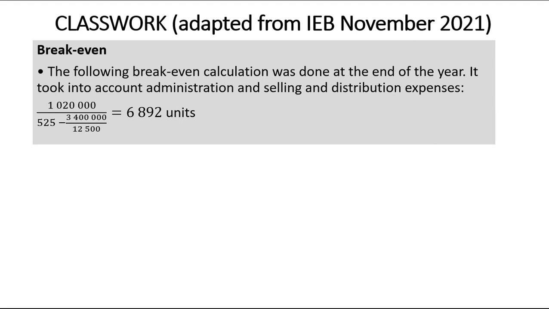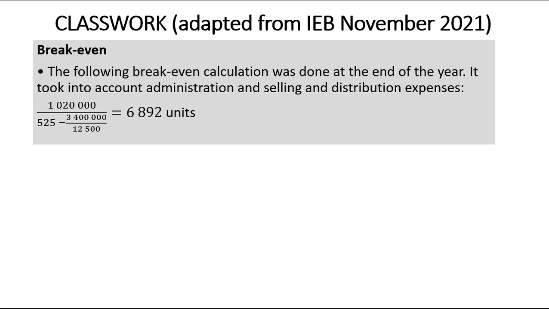It is the selling price per unit. And what is that 3,400,000? That is the total variable cost. What about the 12,500? It's either the number of units produced or sold. Okay.